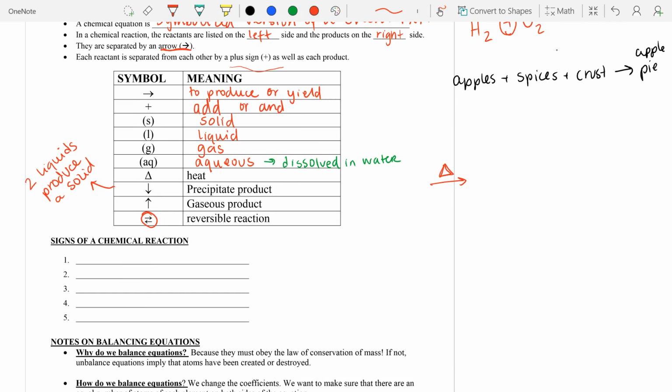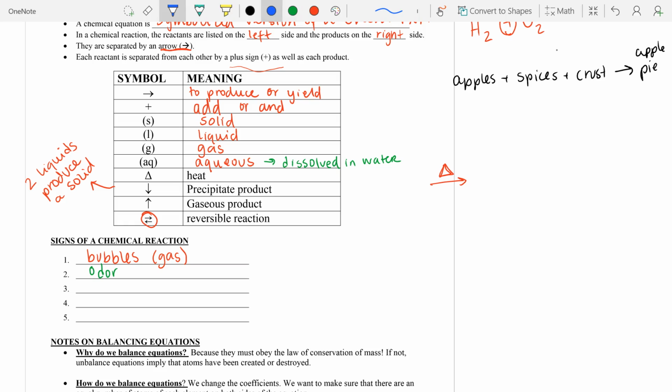And when we think about signs of a chemical reaction, things that we've seen occur, we know that if we see bubbles form, that means that a gas has been formed, and that would be an indicator of a chemical reaction. We know that if we have a funny odor, for example, when something is burning, we can smell the smoke and things of that nature.